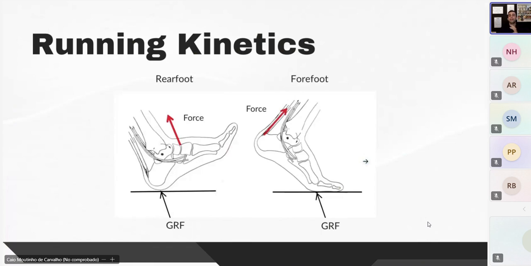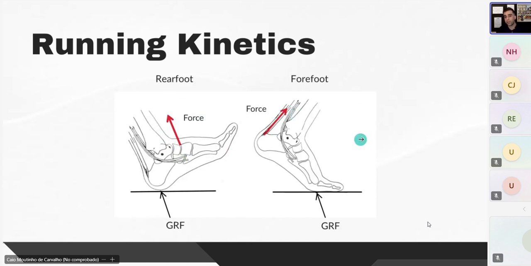Running rear foot, you land here. You don't want to contact your toes so fast, so you need a force in the way that is drawn here. We need a force in the opposite direction to control the motion and land softly.